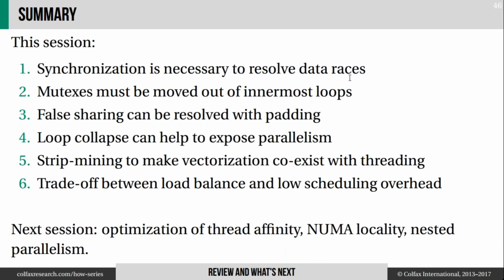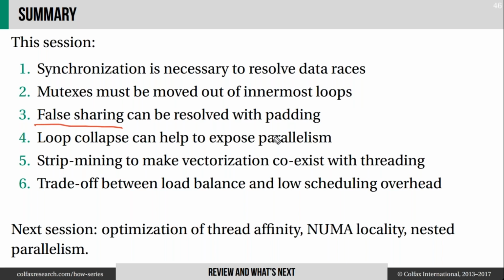We talked about common problems in multithreading. Too much synchronization. Well, you need synchronization to resolve data races, but you must move mutexes out of the innermost loops, maybe with the help of parallel reduction. False sharing occurs when threads write data that is packed too closely.